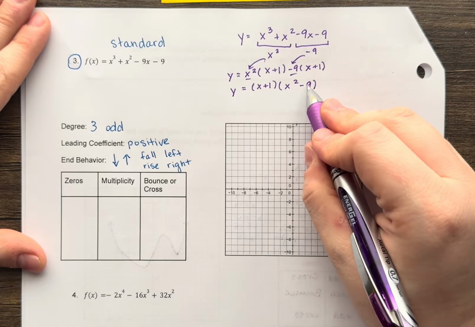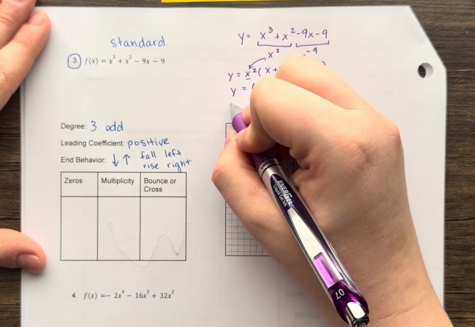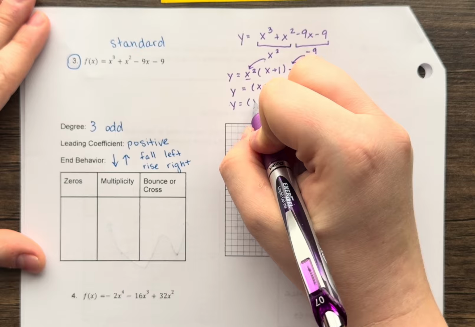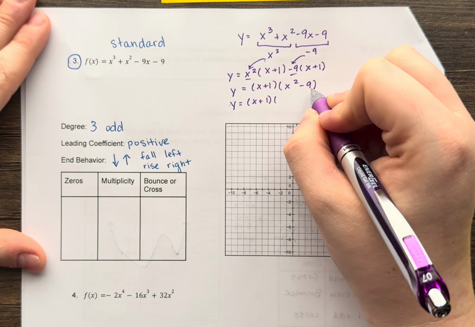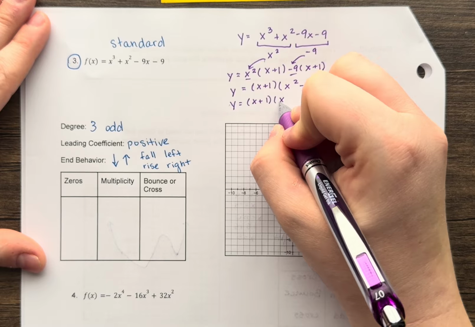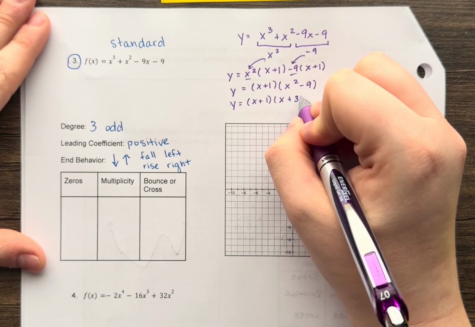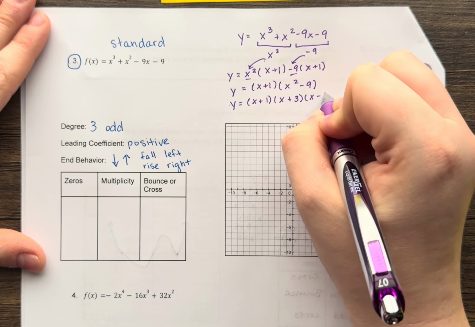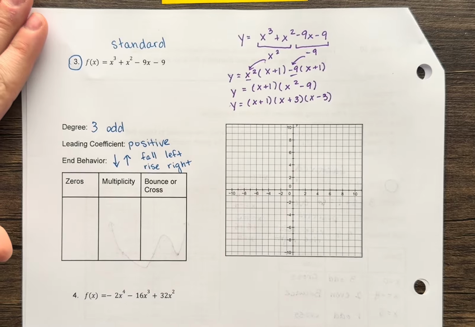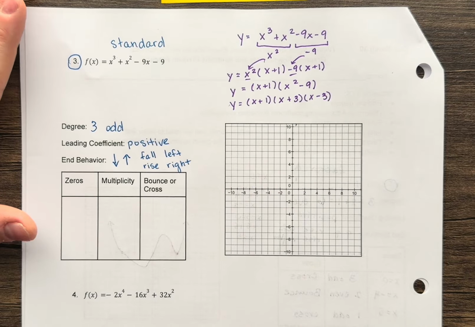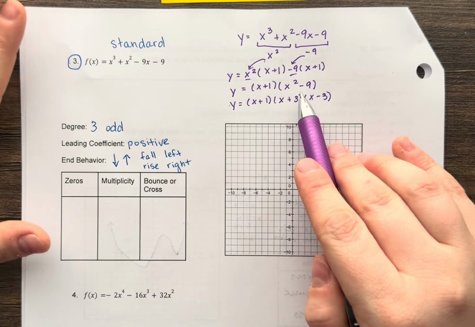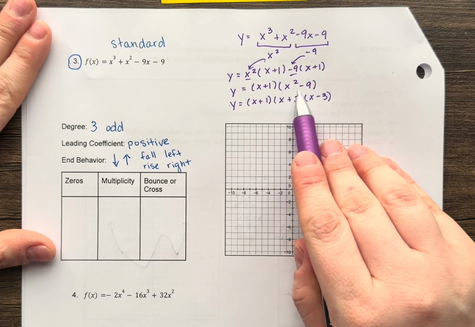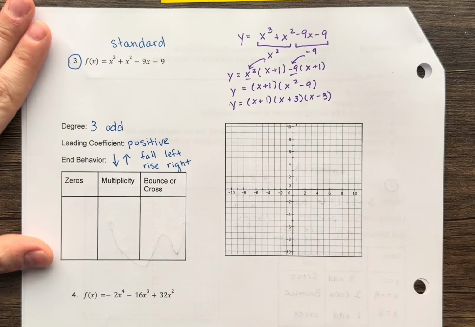And now we notice this x squared minus 9, we can factor that a bit more. X plus 1 times x squared minus 9, this is a difference of squares, so we can factor this as x plus 3, x minus 3. So that was a difference of squares. And now we have this completely factored. We know we have it completely factored when we don't have any exponents left inside of those parentheses.